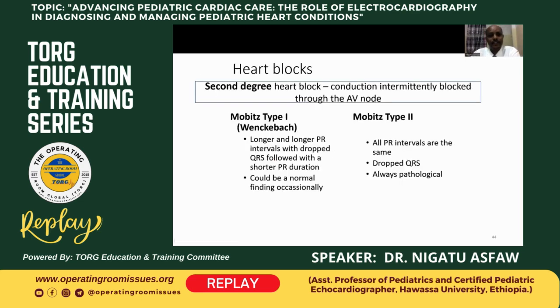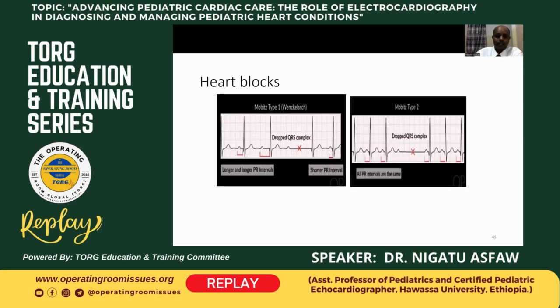And in second degree heart block, which is divided into two, Mobitz type 1 and Mobitz type 2. In Mobitz type 1, there will be increase in the PR duration, and then there will be drop in QRS. And in Mobitz type 2, there will be constant PR interval, but there will be sudden drop in the QRS.